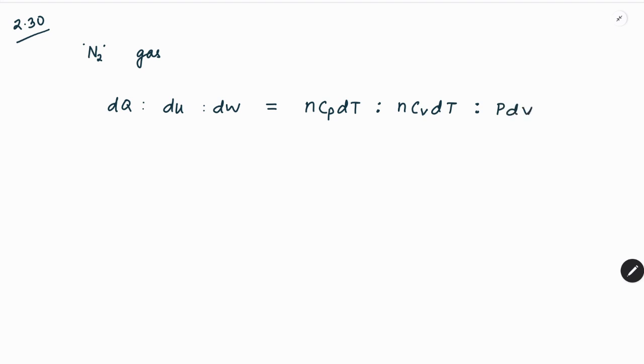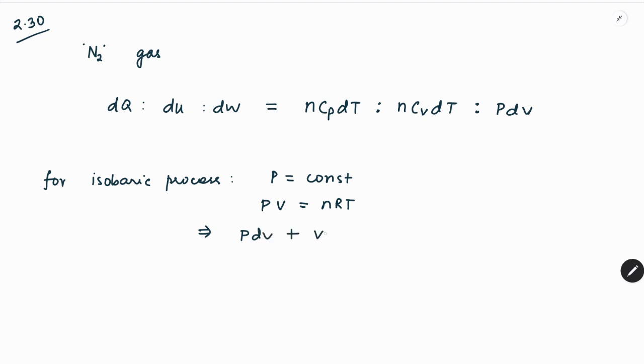Now since the process is isobaric in nature, pressure is constant, and hence if we write the equation PV equals nRT, then in the differential form we write PdV plus VdP equals nRdT.